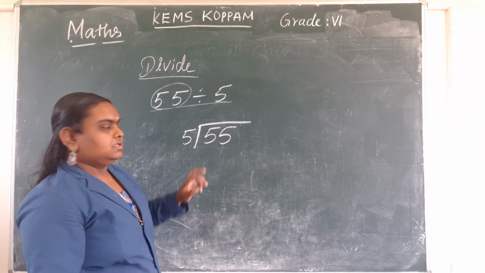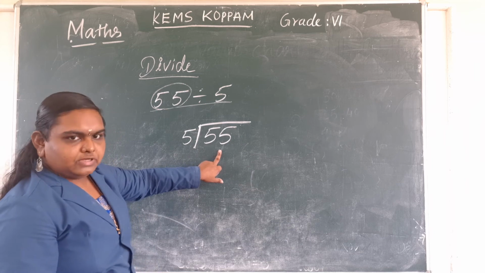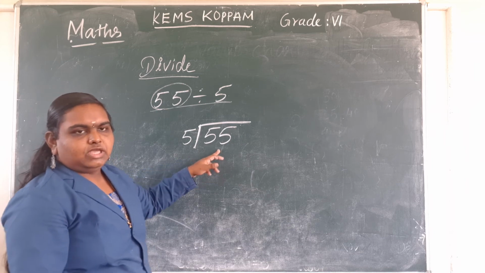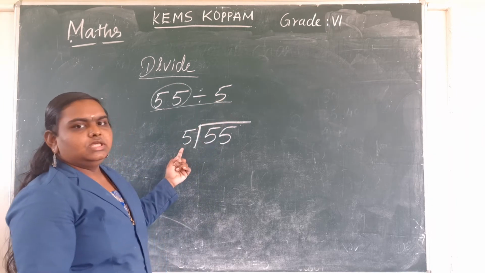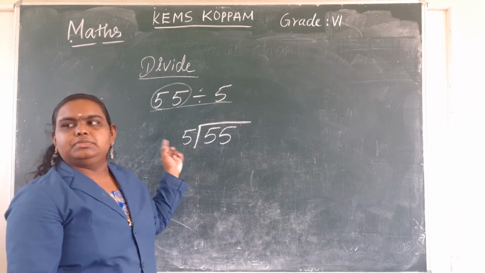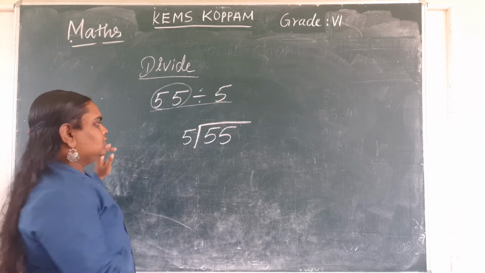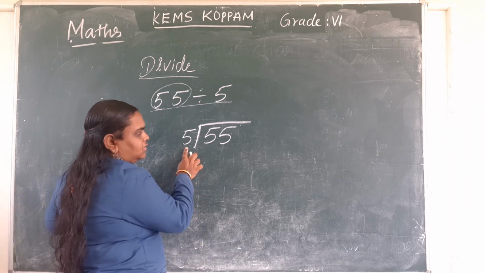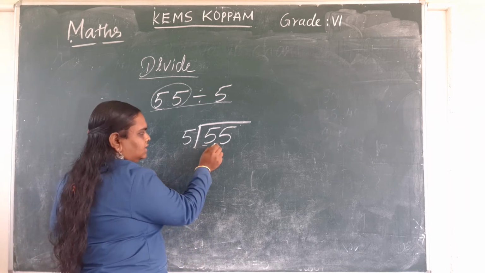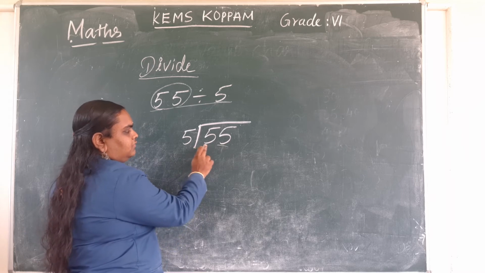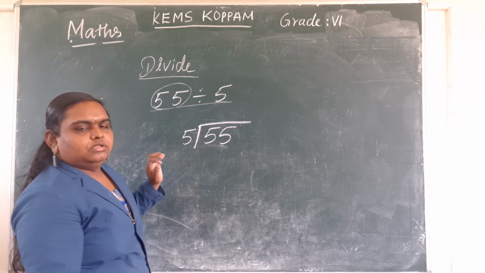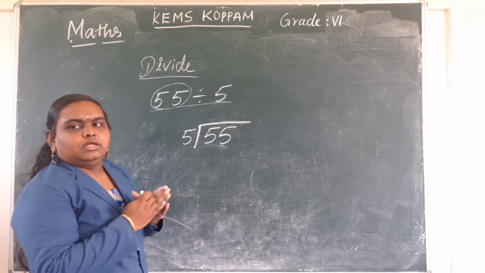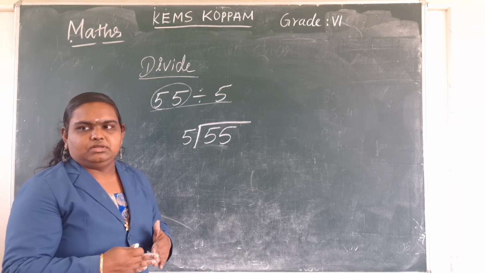So first, 55 is the biggest number, isn't it? So we have to write the biggest number inside and then 5 outside, the smallest number. So we can take individual numbers. First you take the number 5. Then you have to tell the multiplication table.